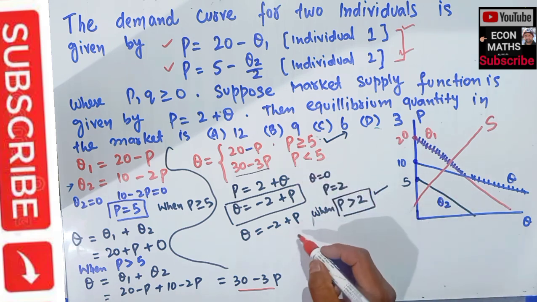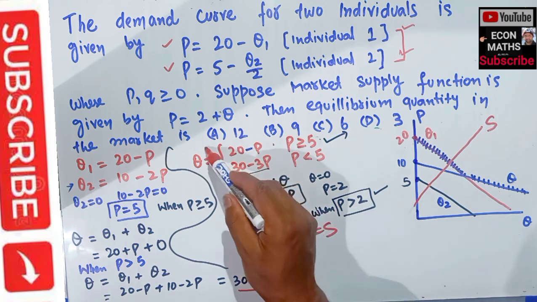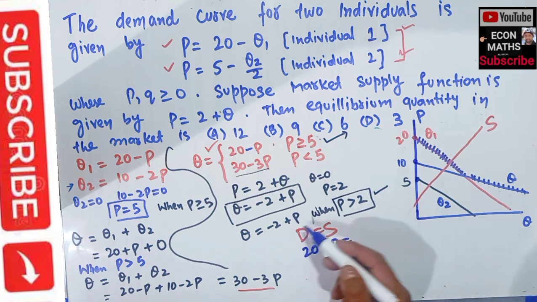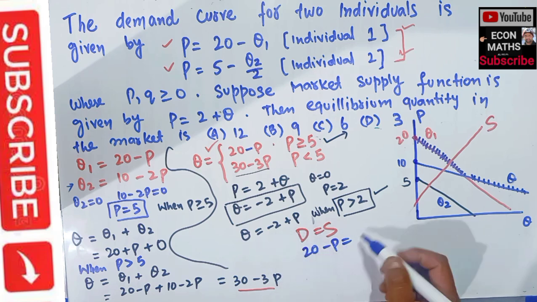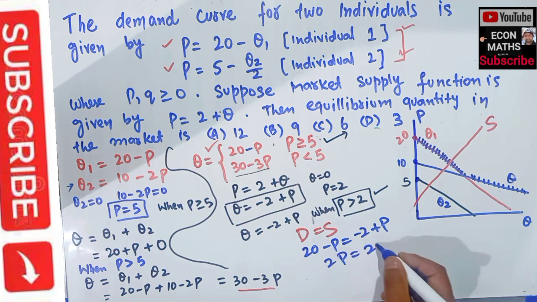So now at equilibrium we know demand should be equal to supply, so our demand curve will be this very one. So demand 20 minus p should be equal to supply, minus 2 plus p. Adding up p's, we have 2p will be equal to 22, which implies p will be equal to 11.